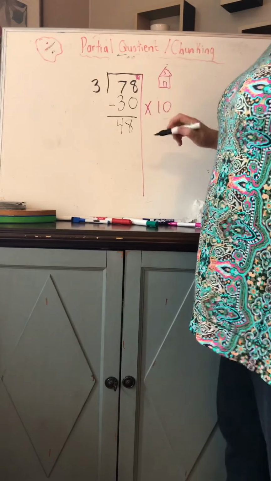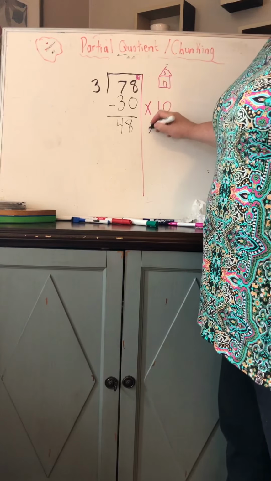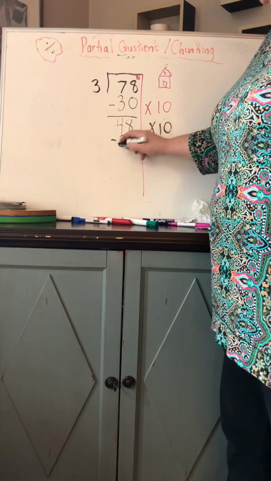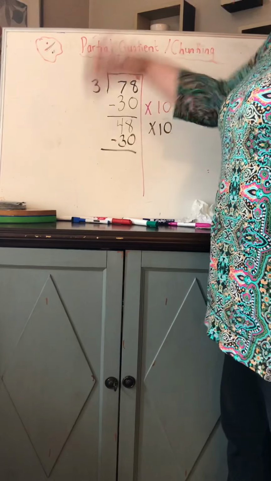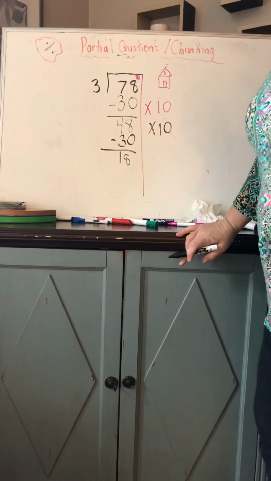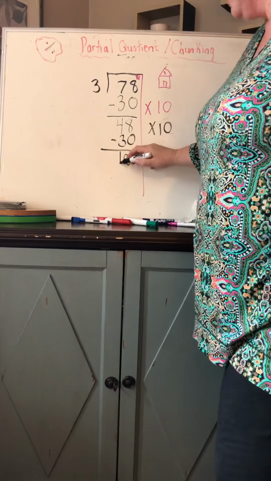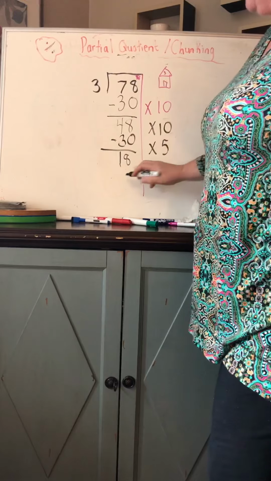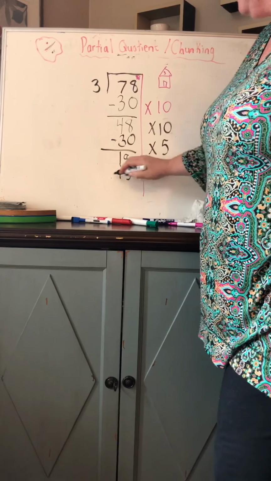Okay. Why don't I share another group of 10? 3 groups of 10 is 30. I've shared another 30 away. They're gone. I have 18 left. 3 times what is close to 18? I know 3 groups of 5. 3 groups of 5 is 15.